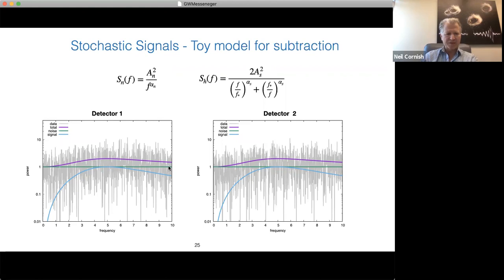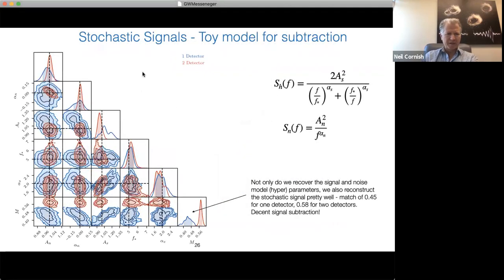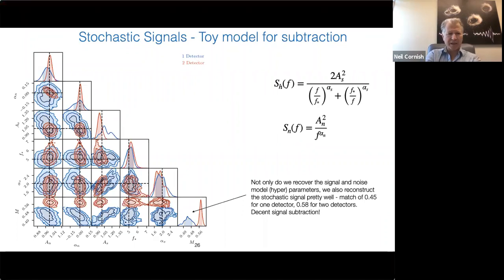Here's a simulation showing the data and the signal in two detectors, analyzed in either the one detector case or the two detector case. You see that we recover nicely all the amplitudes and slopes and the knee frequency for this signal model, and we also recover the noise parameters. With two detectors we do better, but we still do okay with just one detector, which is more relevant for LISA because we don't really have correlations.